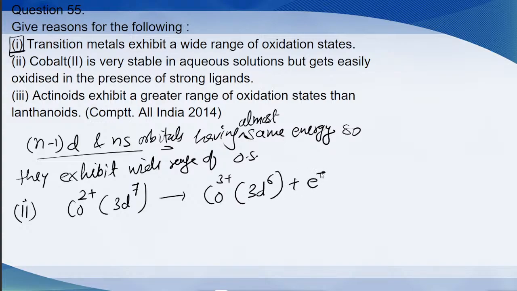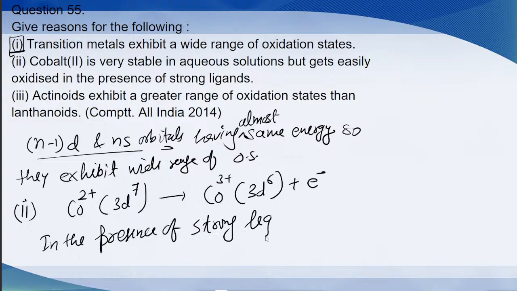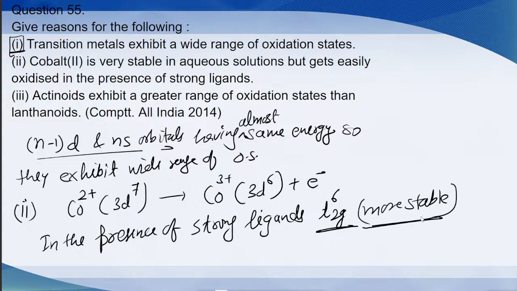So in the presence of strong ligands, it exists as t2g6, that is more stable, and that's why cobalt 2 plus is easily oxidized to cobalt 3 plus in the presence of strong ligands.